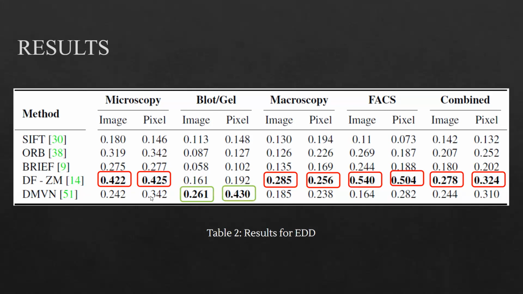But for some reason, the DMVN method on the blot gel dataset actually performs really well. Maybe that's something they have not explained, but it may be because of the way that algorithm works.